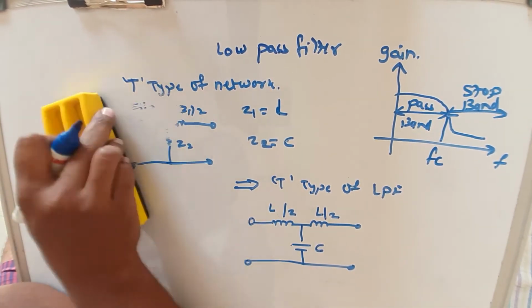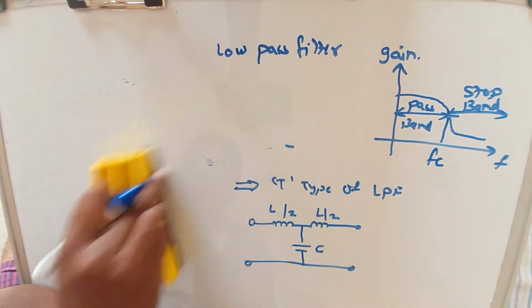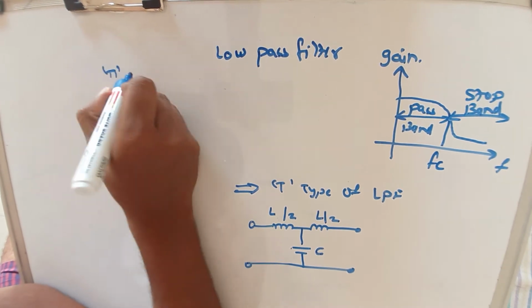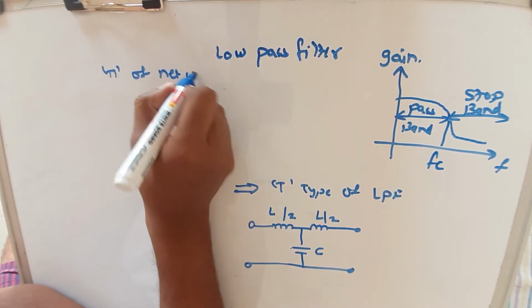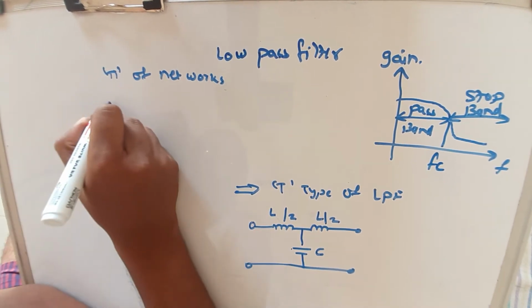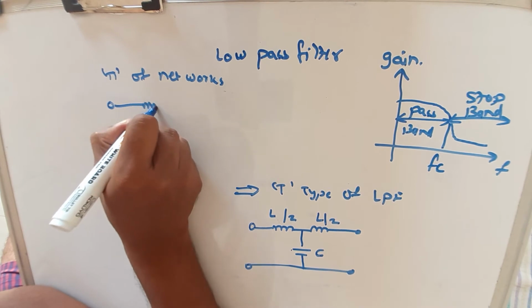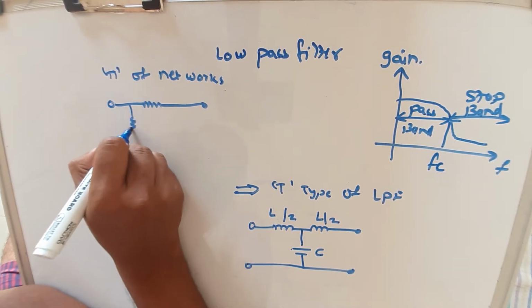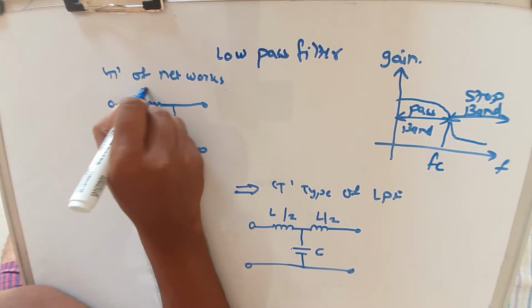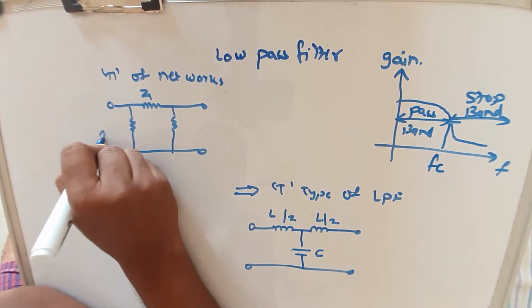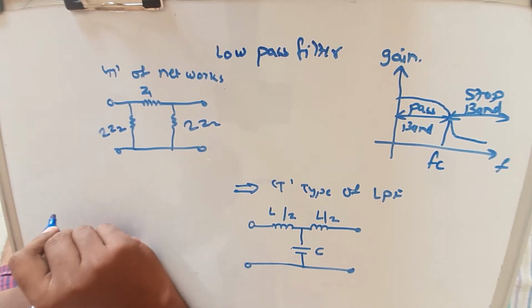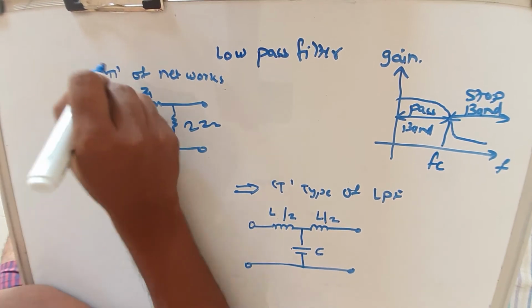Now we will go for the pi type of low pass filters. In a pi type network we draw the network with Z1, twice Z2, and twice Z2.